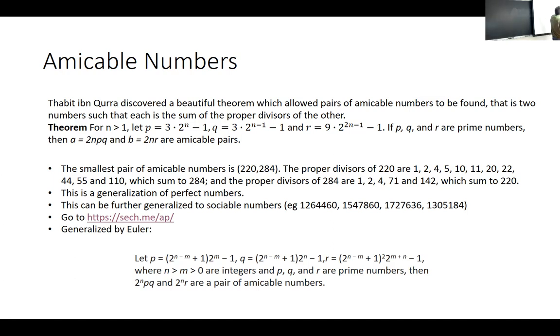And if you can find 3 primes of this form, then you can form an amicable pair. This formula was later generalized by Euler, because he did a lot of things with amicable numbers. So anyway, this is just something that's a little bit fun.